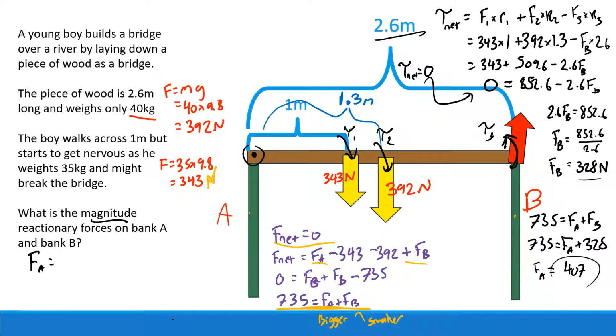I can just write F of A is 407 newtons and F of B equals 328 newtons. And that's how to deal with questions with bridges and that sort of thing. There is actually a question that I've set for you guys to do, which is designed to get you guys to practice these kinds of things.